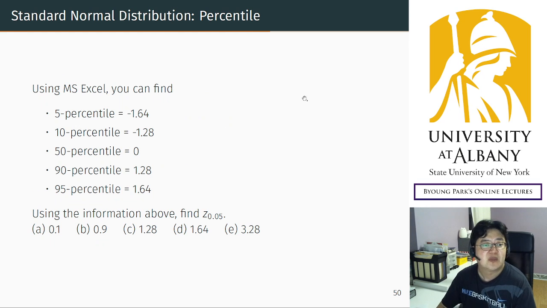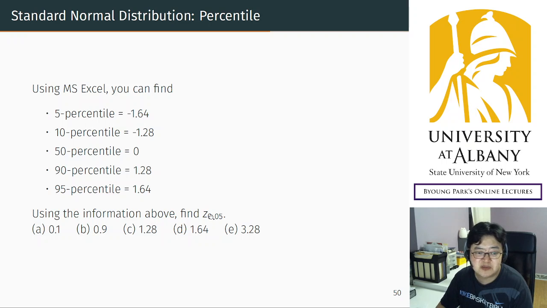Okay, so again from this information, what is z.05? This is the value such that probability greater than this value equals 0.05. What would this be? You can find a number from this. 0.05 is 5%, right?